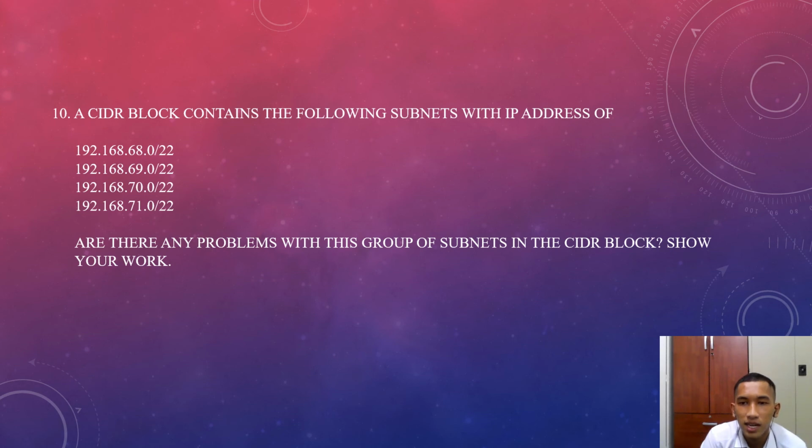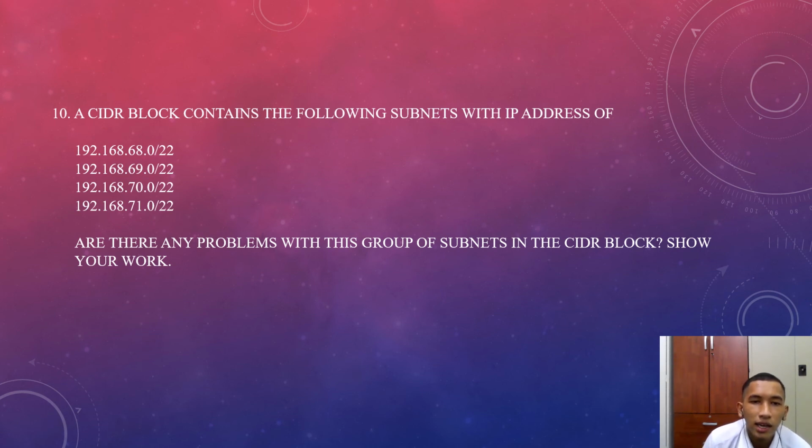And the last question is number 10. A CIDR block contains the following subnets with IP addresses: the first 192.168.68.0/22, the second 192.168.69.0/22, the third 192.168.70.0/22, and number 4 192.168.71.0/22.